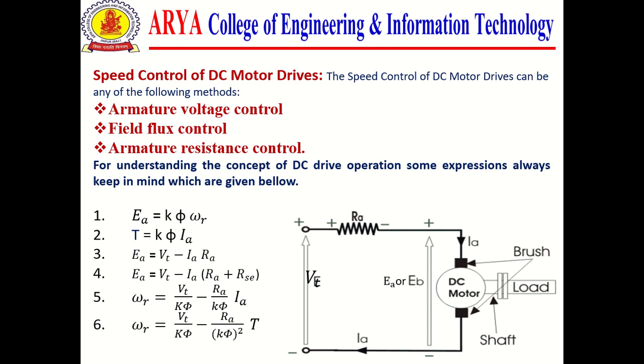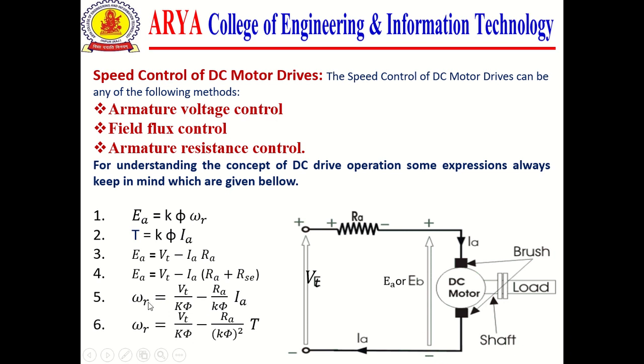So here we look at all 5-6 equations. These play the most important roles in controlling the speed and torque of DC drives.